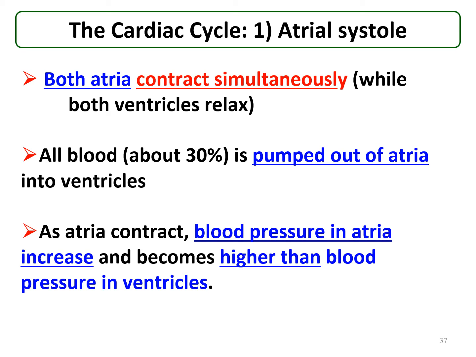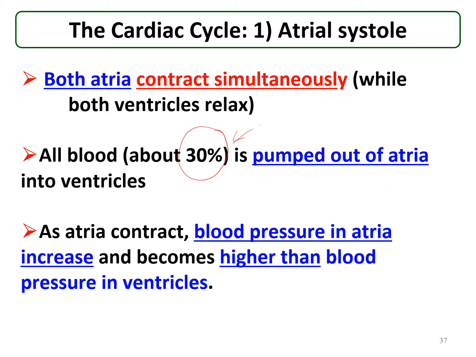Atrial systole is when both atria contract simultaneously while the ventricles relax. When the atria contract, blood from the atria will be pumped into the ventricles. During this phase, about 30% of the blood is pumped out of the atria.